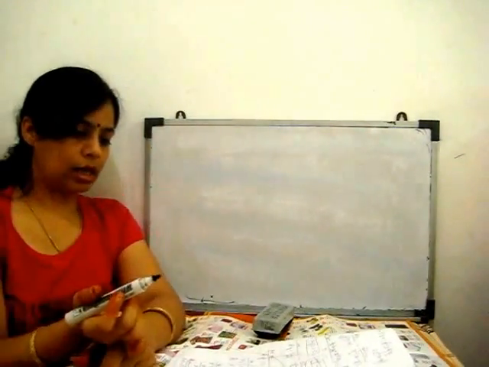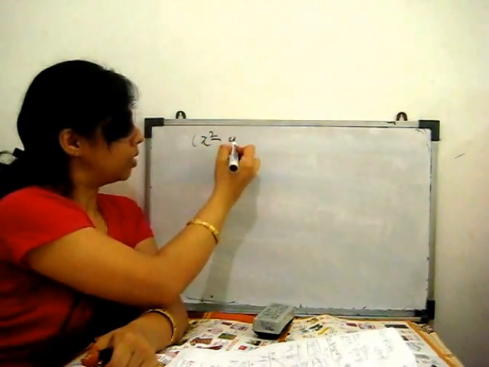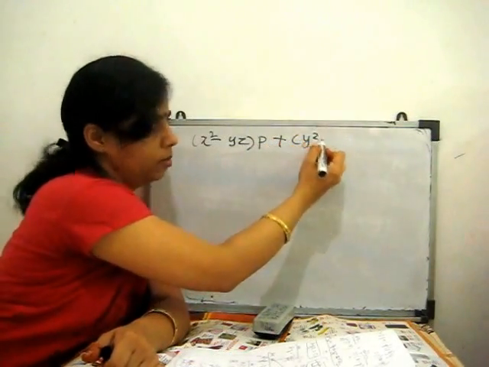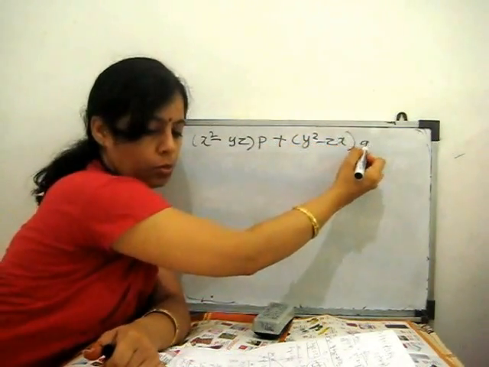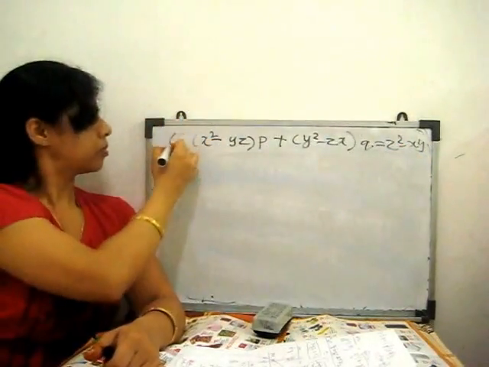So for one more example, if I have (x square minus yz)p plus (y square minus zx)q equal to z square minus xy.